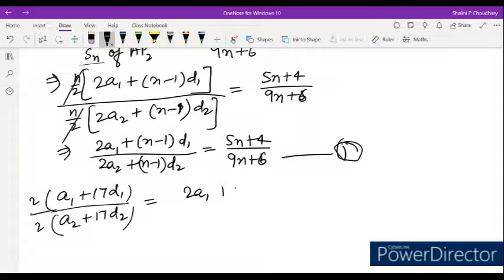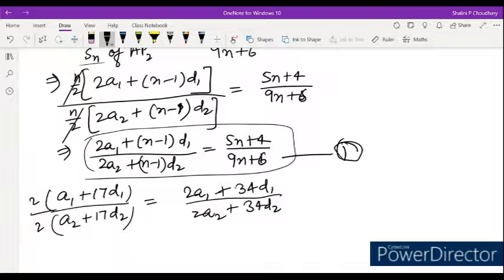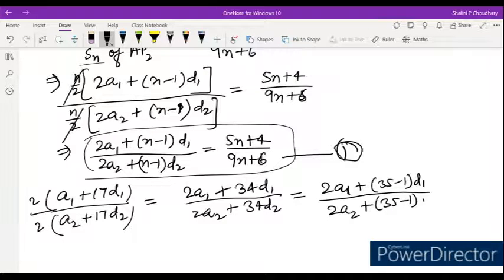2A1 plus 34 D1 upon 2A2 plus 34 D2. Now, if we have to convert it into the n minus 1 form, can we write 2A1 plus 35 minus 1 D1 upon 2A2 plus 35 minus 1 D2.